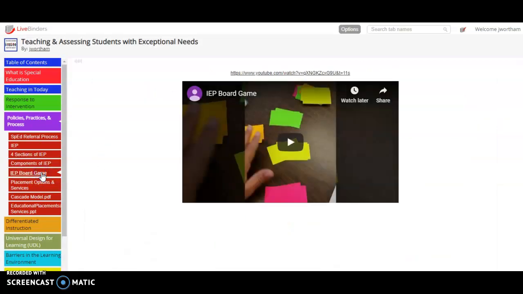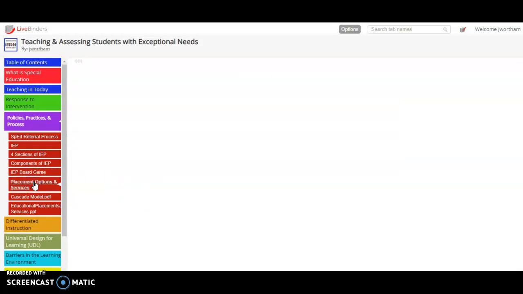This is an IEP board game, which, if you looked at it, is just questions about the game, about IEPs. Placement options and services, the cascade model, and educational placements and services.